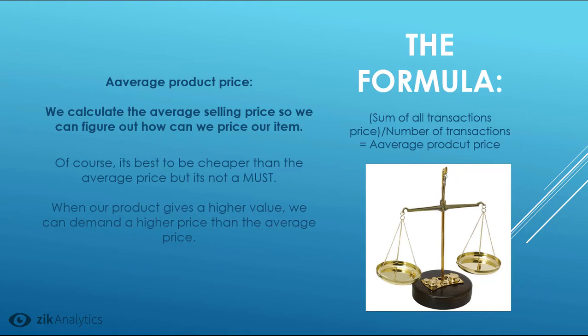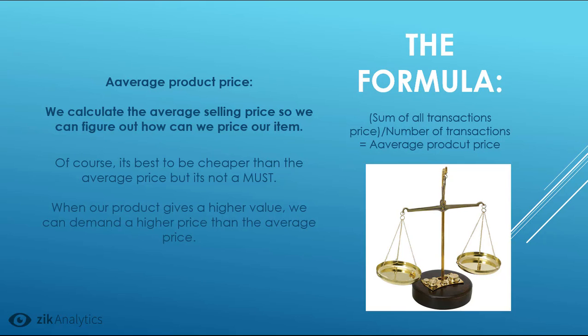The next and last thing we have right here is the average product price. The formula is the sum of all transactions, you divide it by the number of transactions and you get the average product price. Let's take for example, you take a niche or product, never mind what.